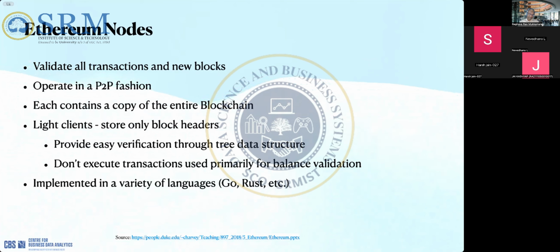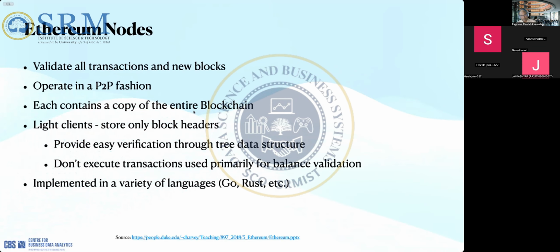So these are called light clients. They only store the block headers, similar to Bitcoin, where you can also have a light client which only maintains the headers. They don't download the whole blockchain; they only download the blocks which are needed for verification of a transaction and things like that.